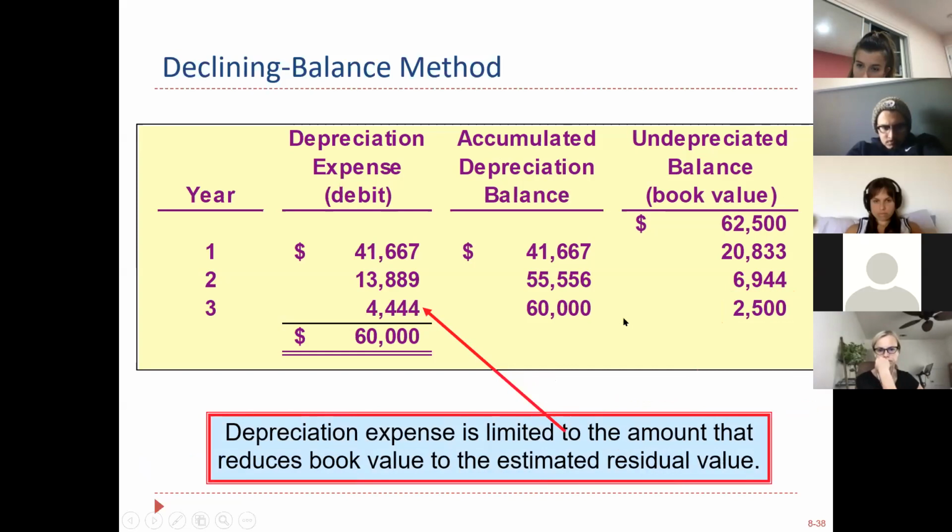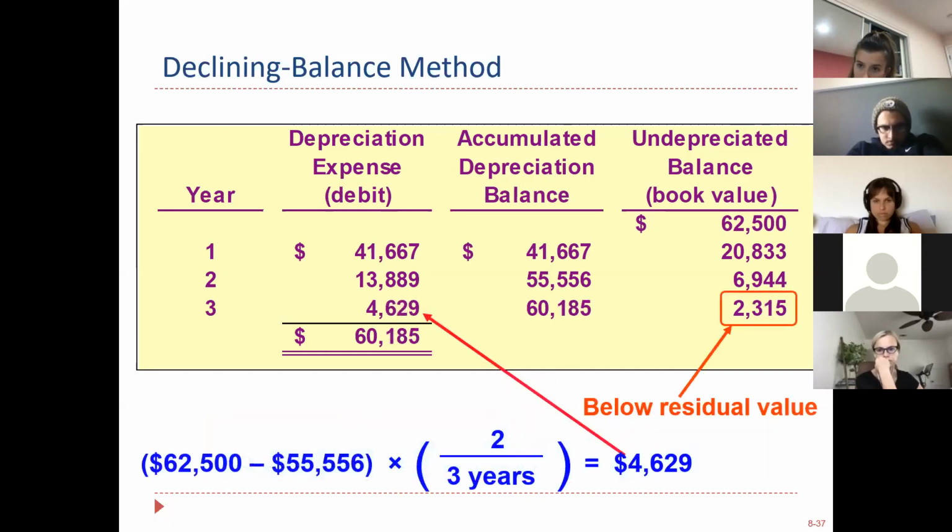This thing is a depreciation expense is limited to the amount that reduces residual value, okay? Remember our residual value was 2,500, right? We know that, they gave us that. We bought something for 62.5. Look what happened after the third year though. If you followed this formula, you would end up with a book value of 2,315, which is lower than what's required, the 2,500.